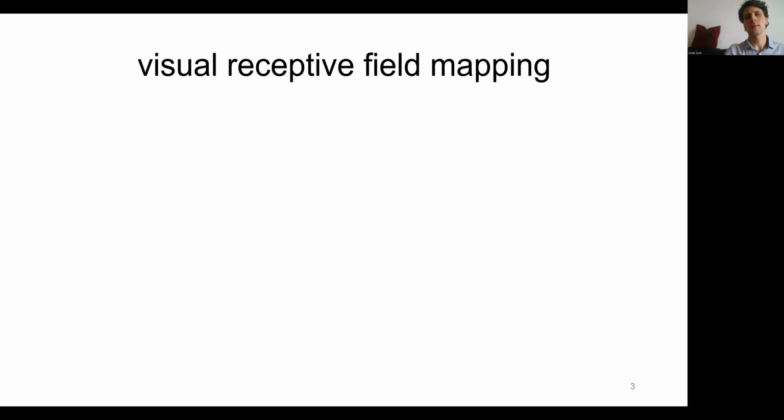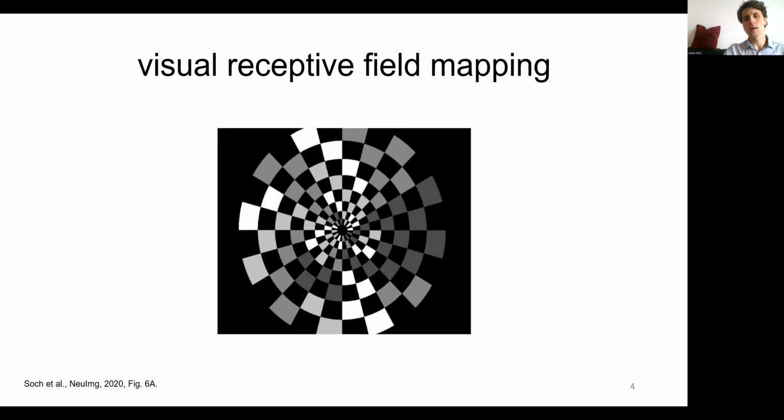Since this is about visual receptive field mapping, I'm going to start by explaining the experimental paradigm. In our experiment, subjects were viewing such a dartboard-shaped stimulus, consisting of several individual sectors, and each sector was showing a flickering checkerboard pattern at a certain illumination intensity, sometimes darker, sometimes brighter.